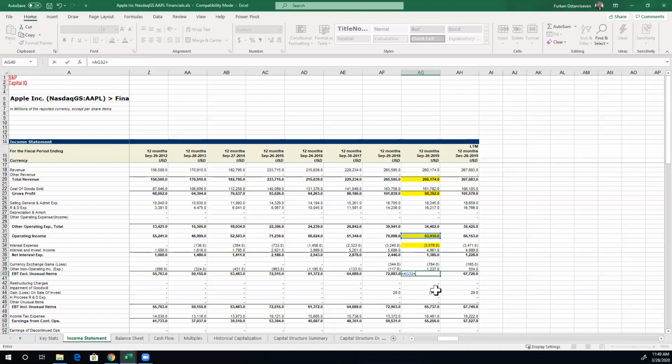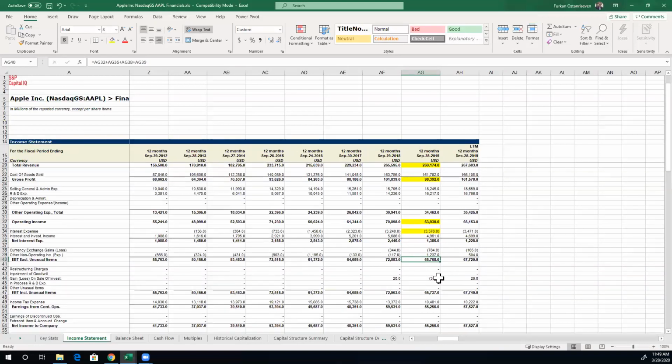Operating income plus net interest expenditures plus currency exchange gains plus other non-operating income, you will see $65.7 billion.